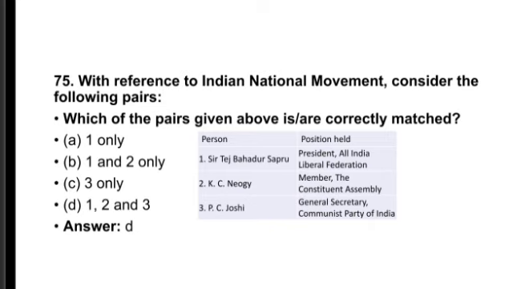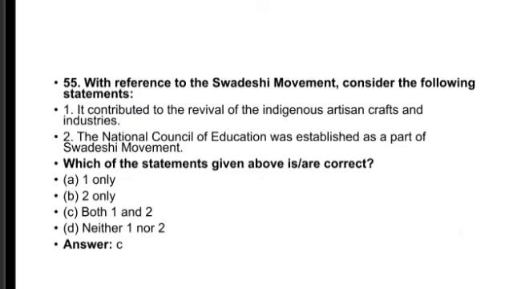And in this question, they have given 2 pairs and are asking which of them is correctly matched. In this question, again, they have given certain statements and ask which of them is correct. Like I mentioned earlier, all these questions are from the 2019 Civil Service Prelims exam.